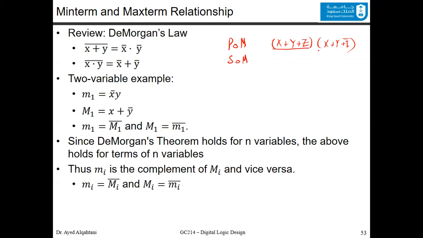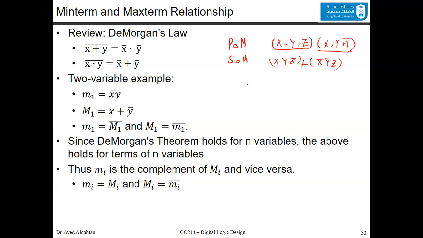This is a max term, this is a max term, and this is the product of the max terms. While here, you have the sum of min terms. So you have a min term, X, Y, Z, and for example, another min term, X bar, Y bar, Z bar, and you have OR between them. So it's a sum of min terms.